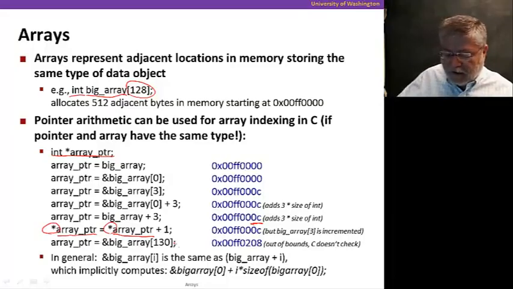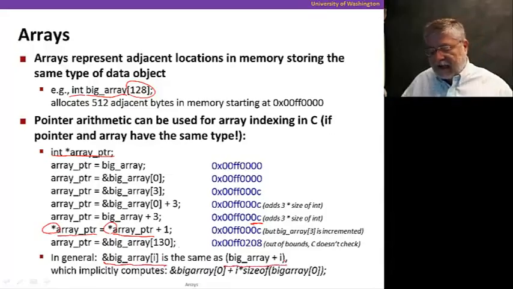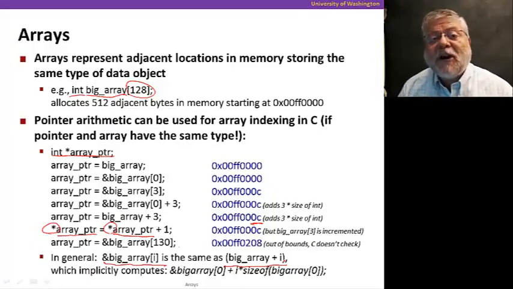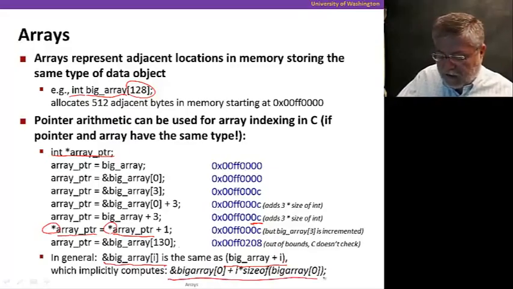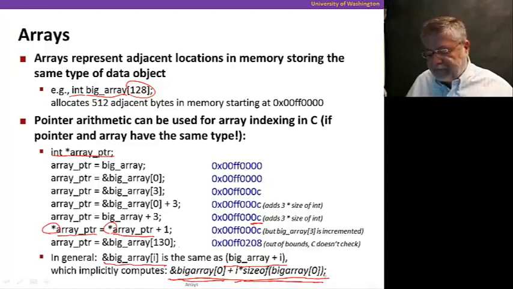Now, the general rule here is that if I have an expression that looks like this, that is the same as saying big array plus I, because just big array by itself is the starting address, and plus I gets multiplied by the size of the element in the array before it's added to that address, so that it implicitly computes this expression, which you'll notice is the same thing, by saying the starting address of the array plus I times the size of the element in the array.